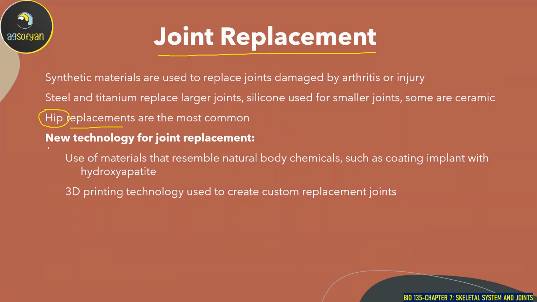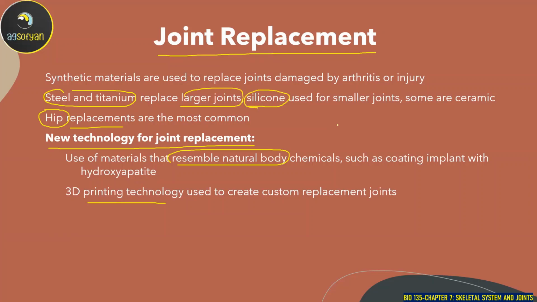There are several technologies used for joint replacement, usually using materials that resemble natural body chemicals, using 3D printing technology, sometimes using steel and titanium to replace large joint areas. Silicone is used for smaller areas.